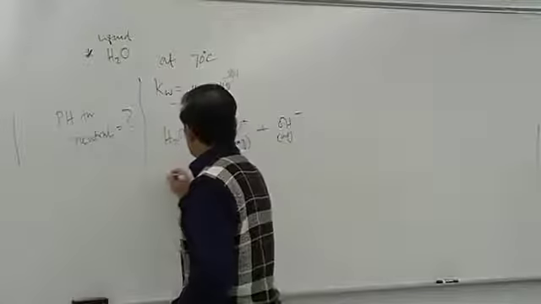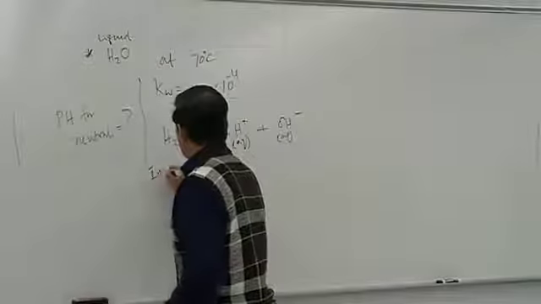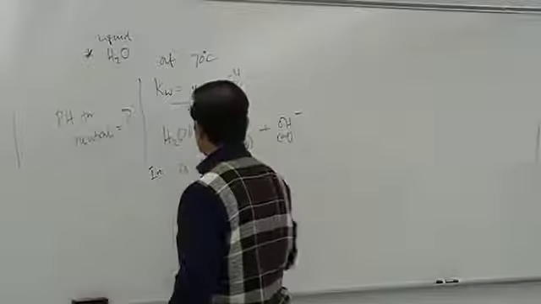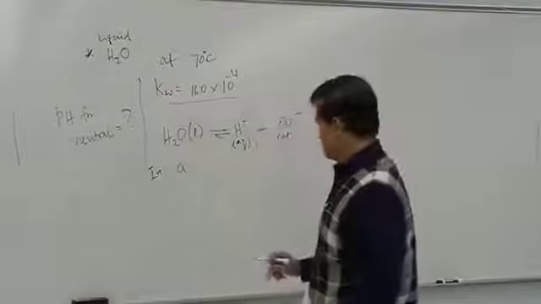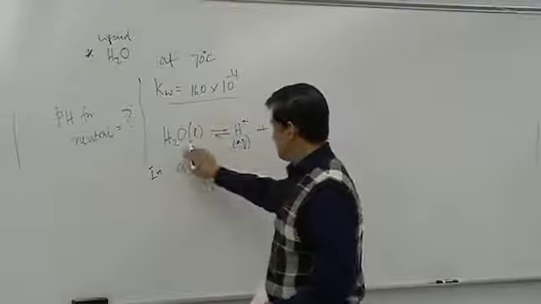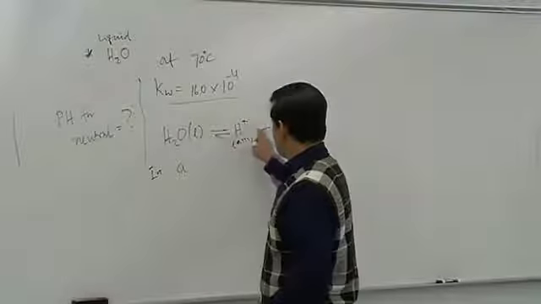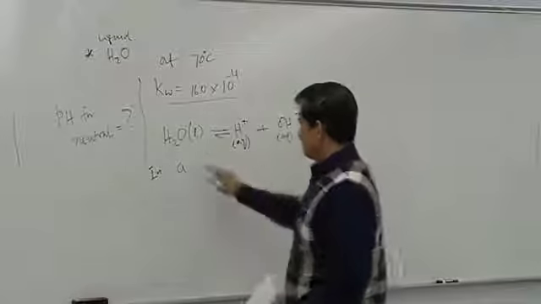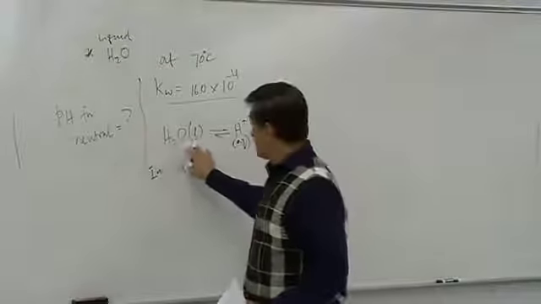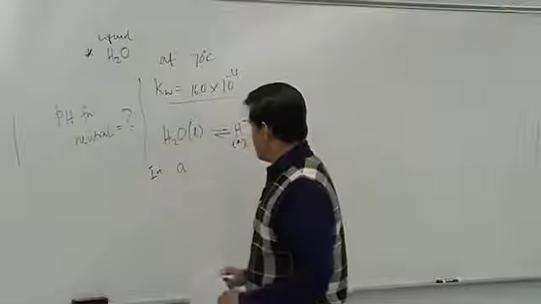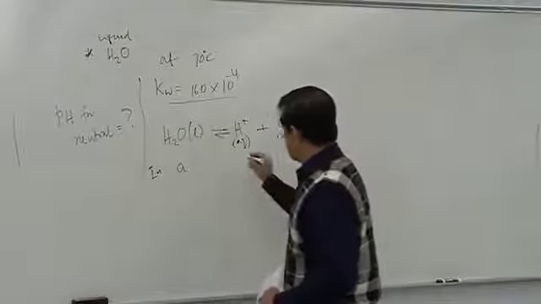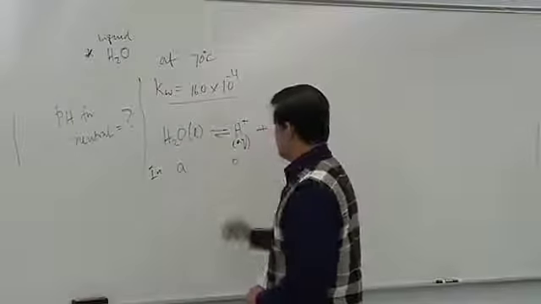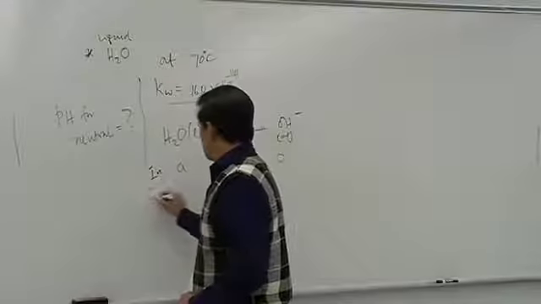Now let's assume that initially the concentration of water is A. This is the heterogeneous equilibrium, liquid, and then this breaks down into H plus and OH minus. Water is present in large excess. So this is 0 and 0 initially.